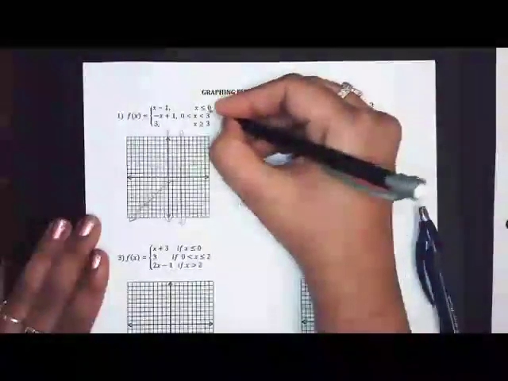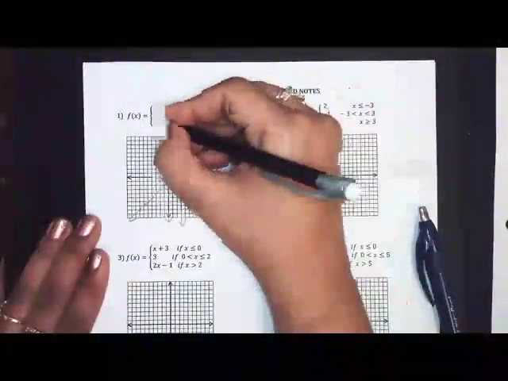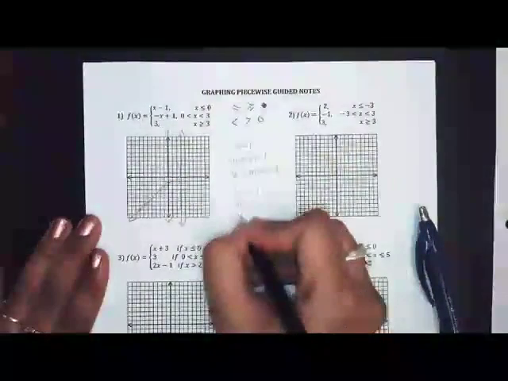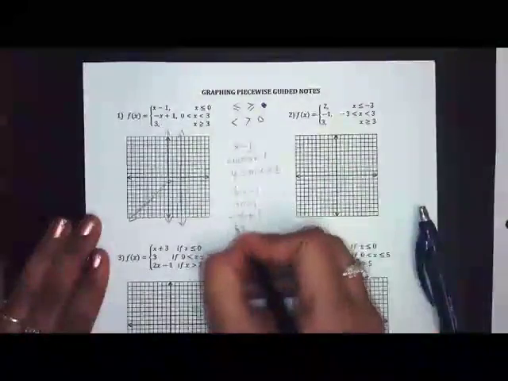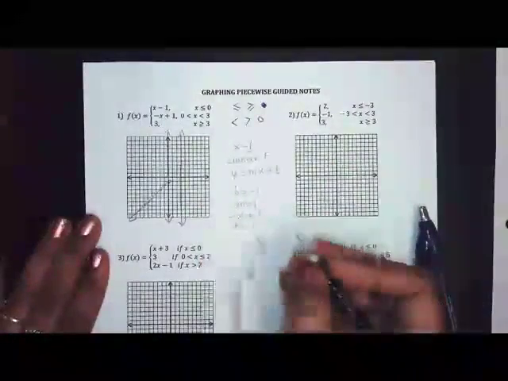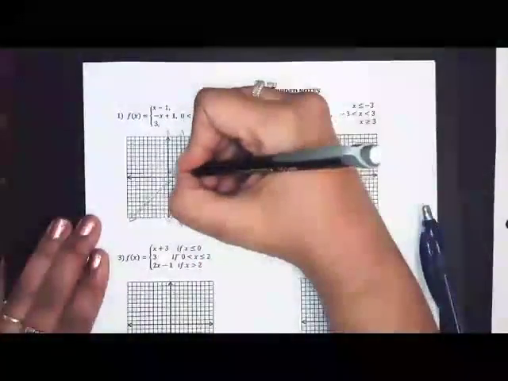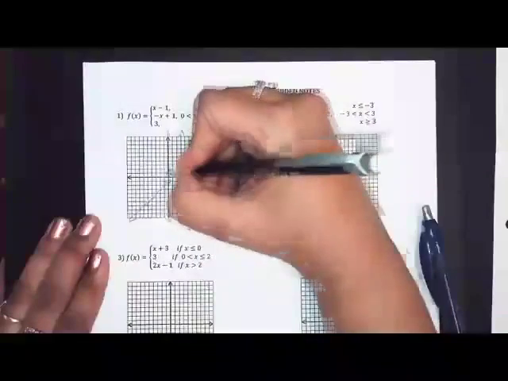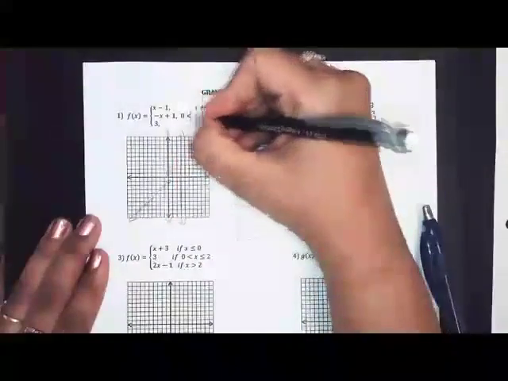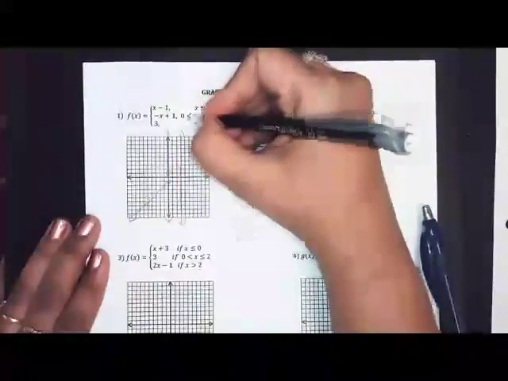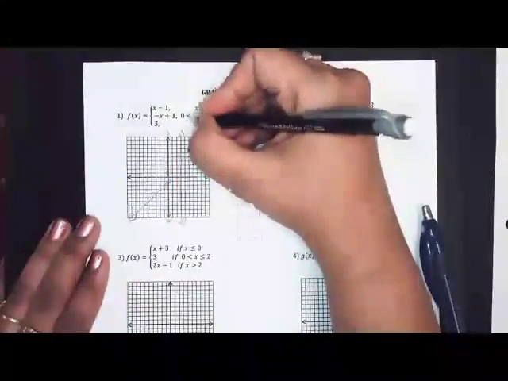Now from 0 to 3 we are following the next function, which is -x plus 1. Again, on this function our y-intercept is b equals 1 and our slope is -1 over 1. So I get b equals 1, and I have an open circle this time, because x is greater than 0, with no equal sign here.